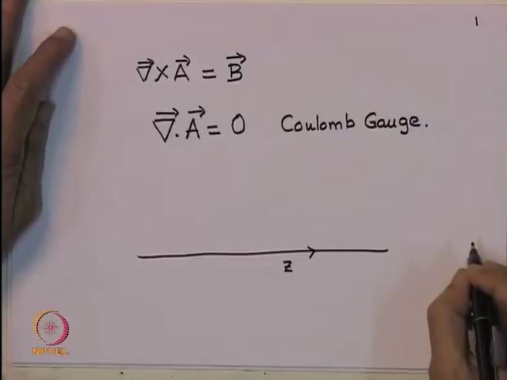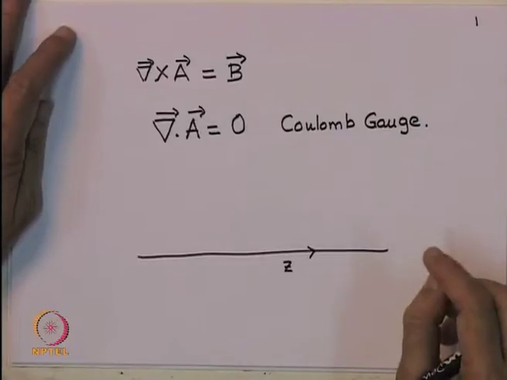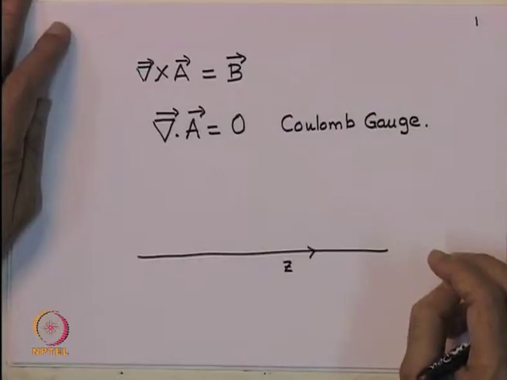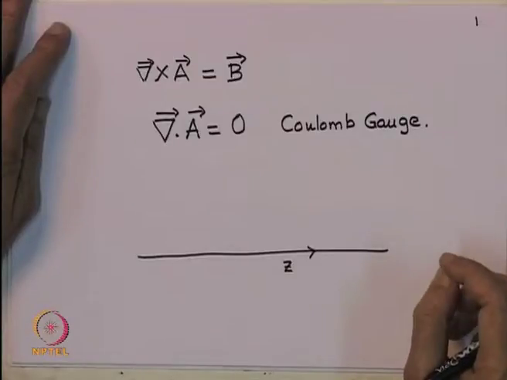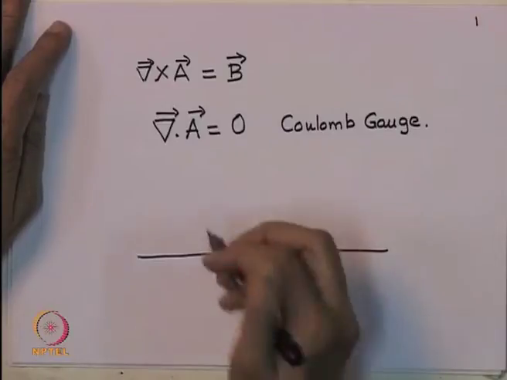This is infinite, and we had seen that there is a strong relationship between the vector potential and the current density, and I expect the vector potential to be in the direction of the current. So, let us look at what the vector potential could be.